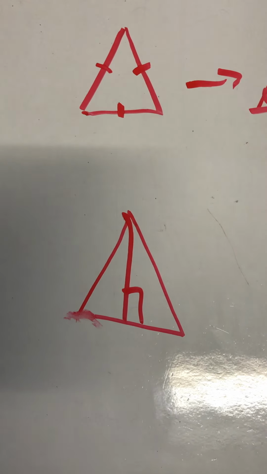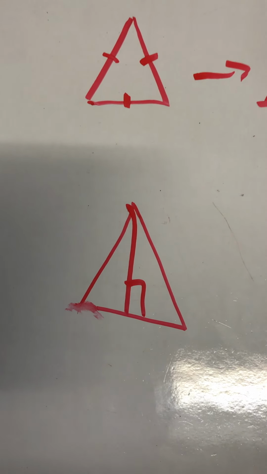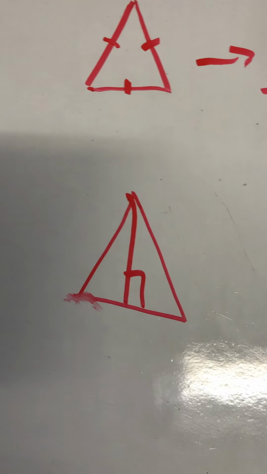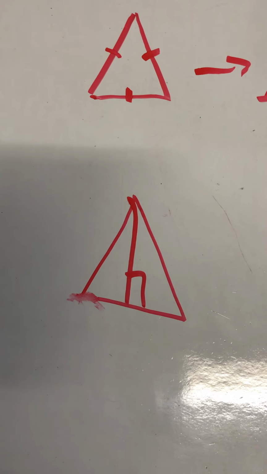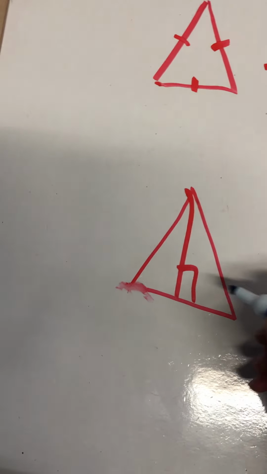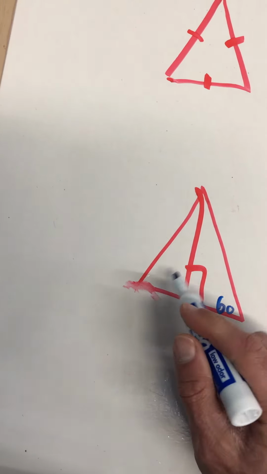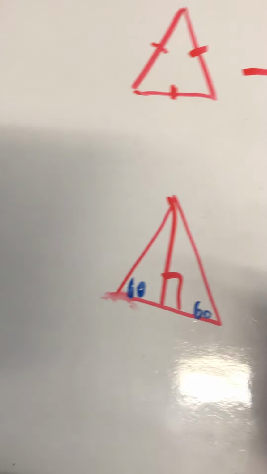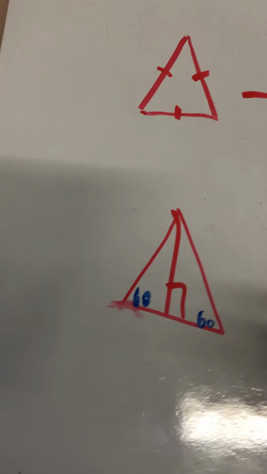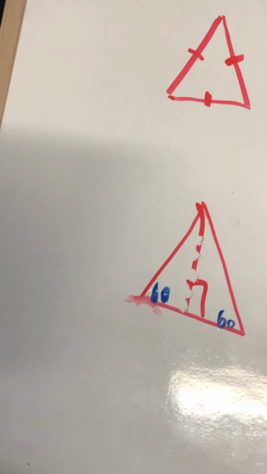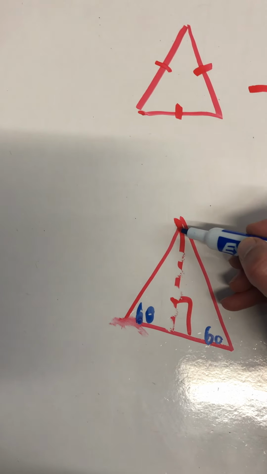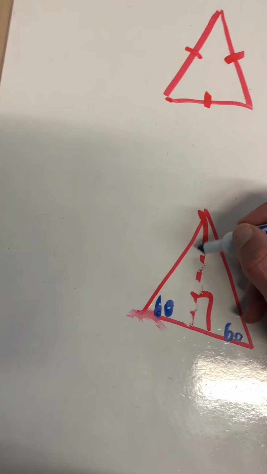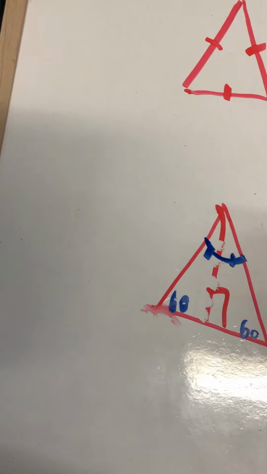Now what it actually does is kind of special. The reason this altitude is special is because it splits the triangle into two 30, 60, 90-degree triangles. Because if every angle is 60 degrees and you have an altitude, a height, that gives you an angle bisector, so it bisects this angle here and here.